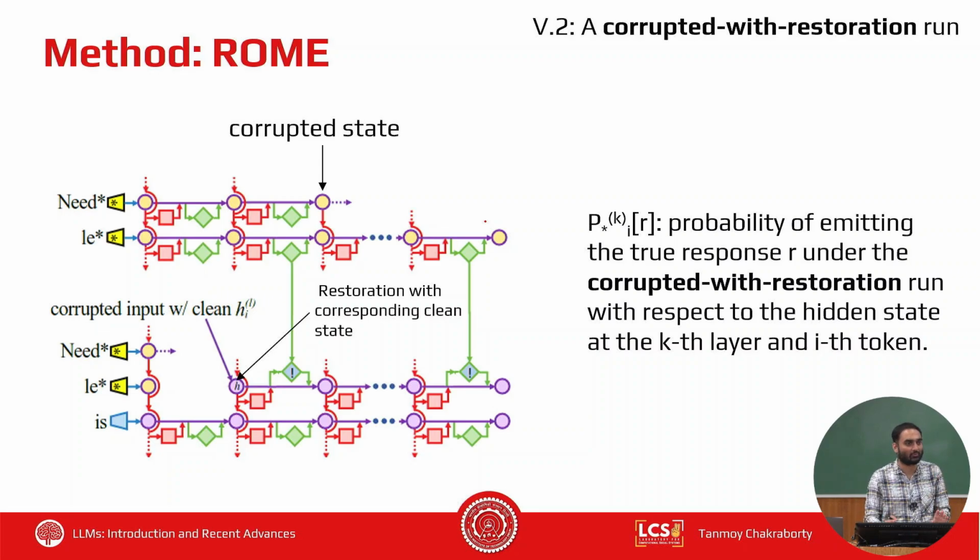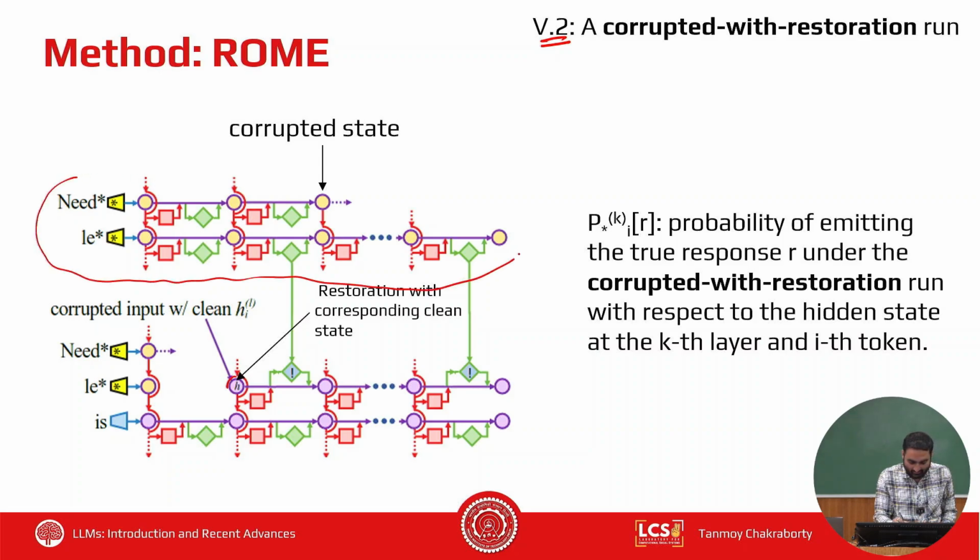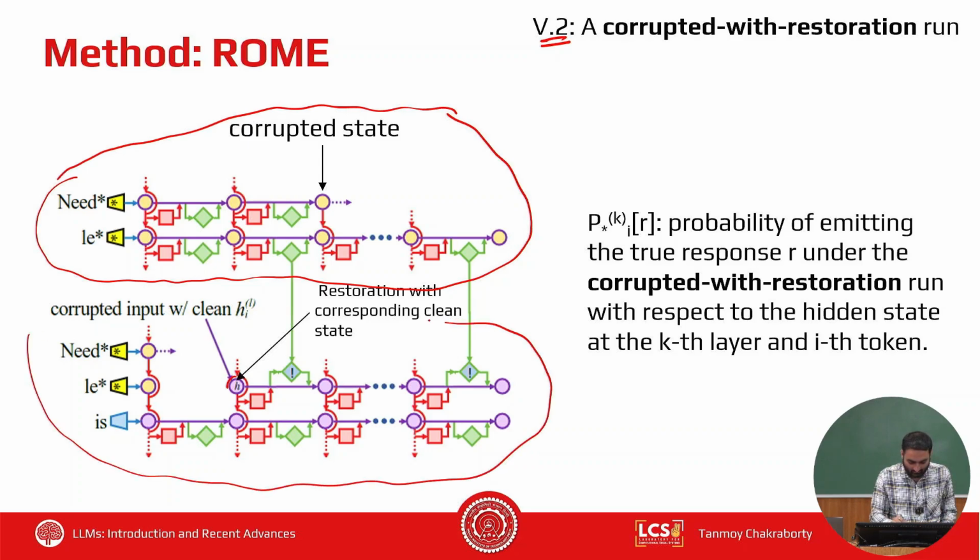To understand this more, they came up with another version of corruption with restoration. So this is corrupted with restoration run version 2. This is a bit difficult to understand, so please focus on this. This is the corrupted diagram, and this is the corrupted with restoration diagram.